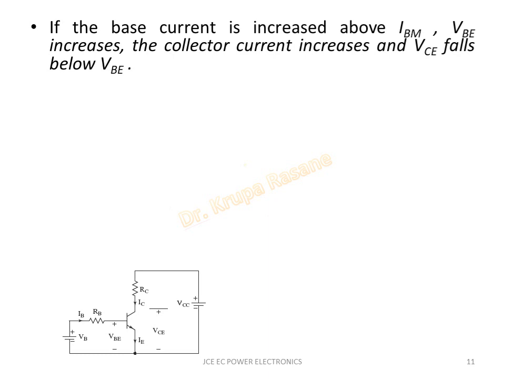So coming here, if the base current is increased above IBM, now if I increase beyond IBM, what happens? The VBE increases, the base emitter voltage increases, the collector current increases, and the VCE falls below VBE. VCE falls below VBE, means VCB becomes negative.